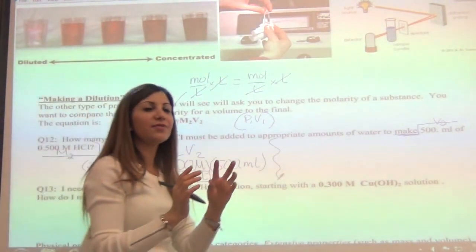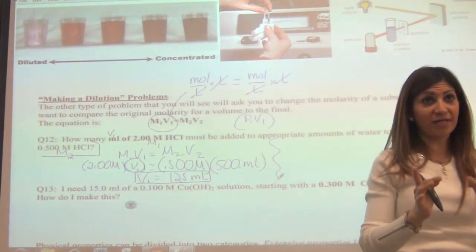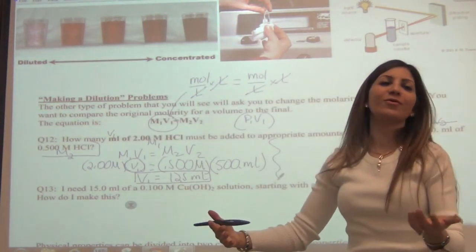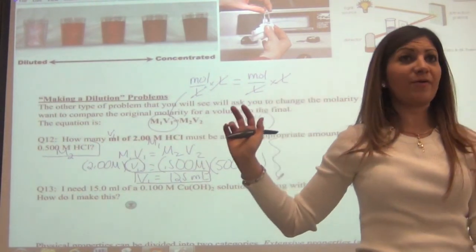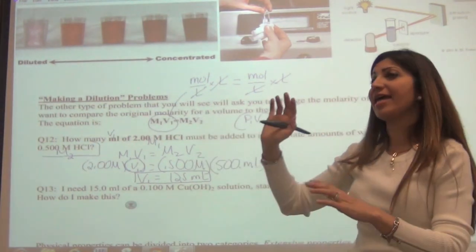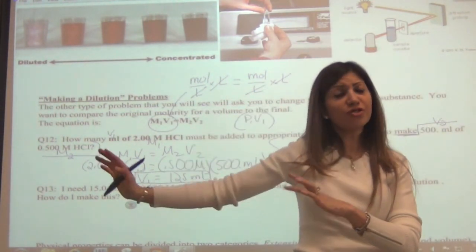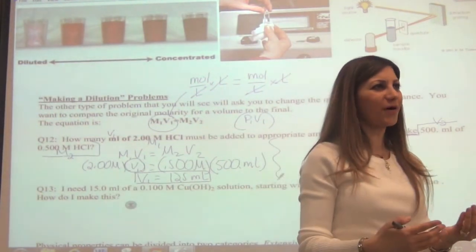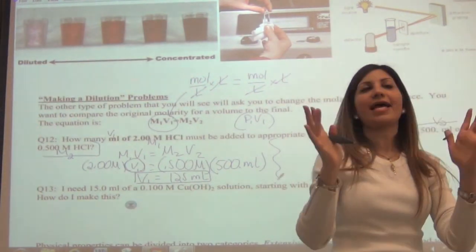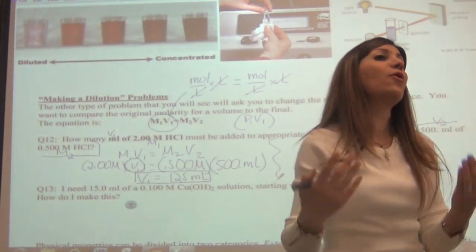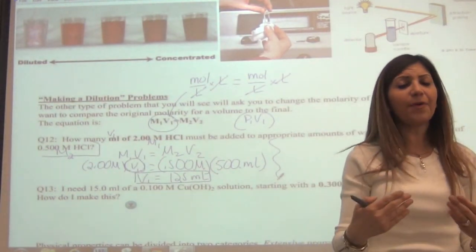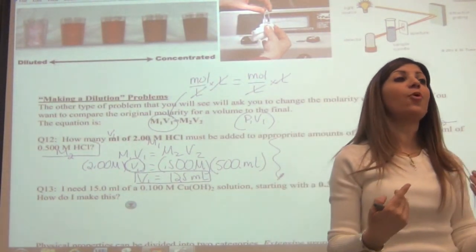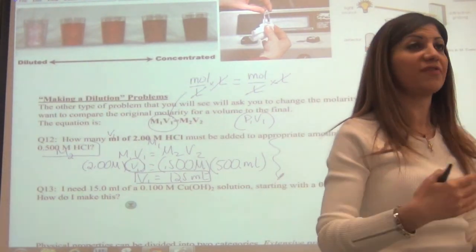But that's only one major part of this problem, because I told you how I was in lab at the university level, and they had a solution that we had to make. Then there was another part to the lab where, let's say, I don't remember what the exact molarity was, let's say it was a 0.1 molar solution. In the second part to the lab, it said, now using 0.03 molar of the solution.